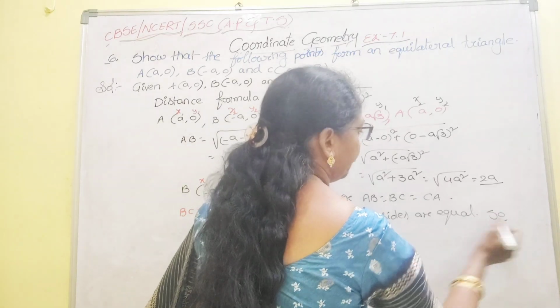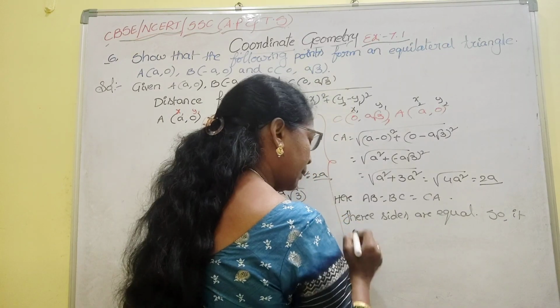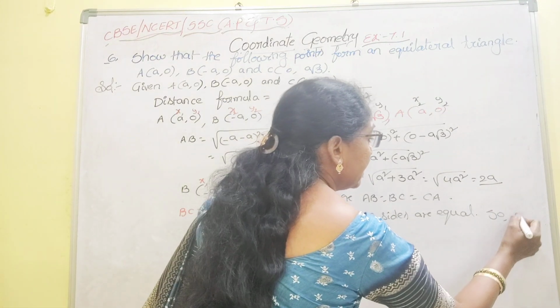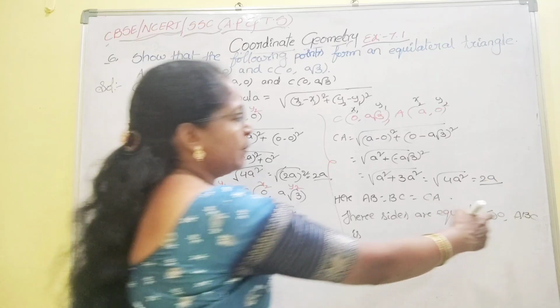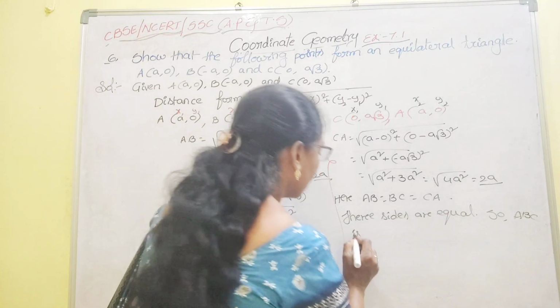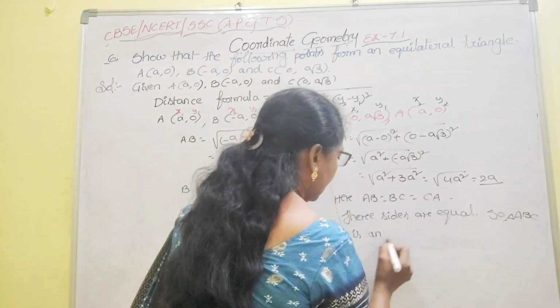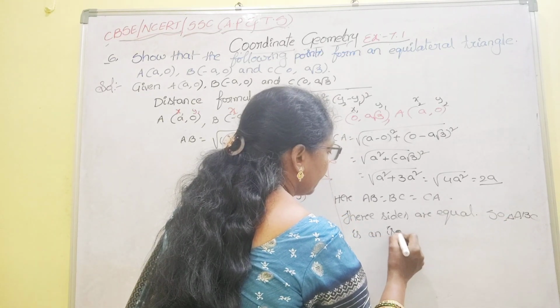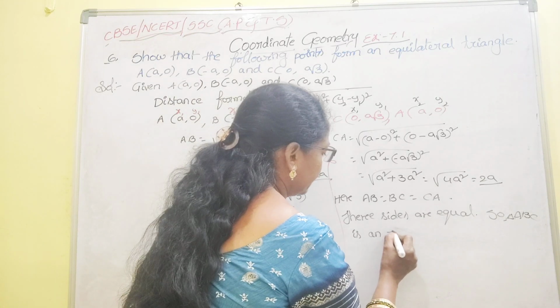So ABC is an equilateral triangle. Names are given, so you can mention that ABC is an equilateral triangle.